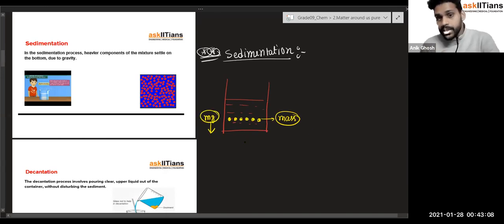And if you just keep this mixture for a moment, or a minute or two, 1 to 2 minutes, then all the mud particles would get settled down below, isn't it?